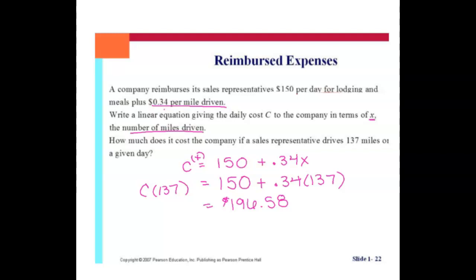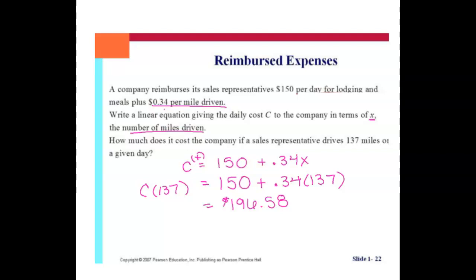So that's what this first line is here. C of x equals 150 because they only get that 150 per day for lodging. The x is the change in the cost based on miles driven.